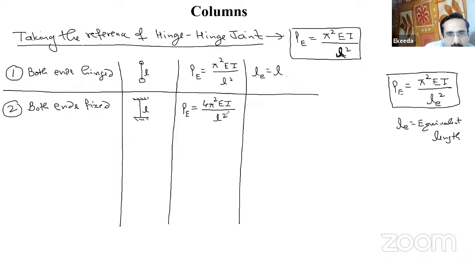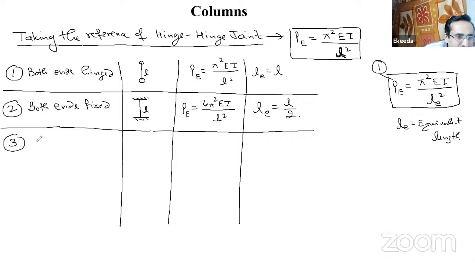If we compare this second equation with the main equation, suppose this is our equation number 1, LE can be written as L by 2, half of the length of the column.